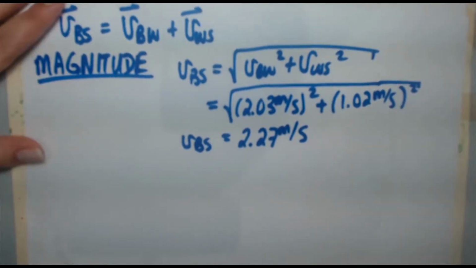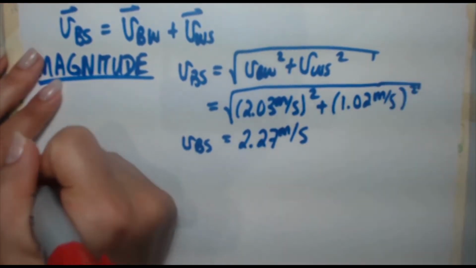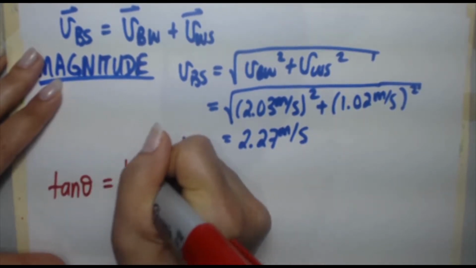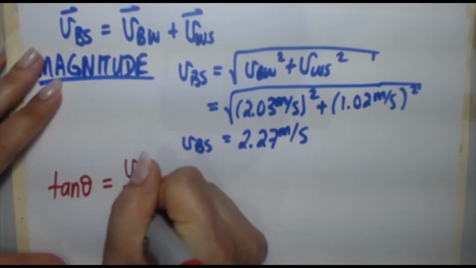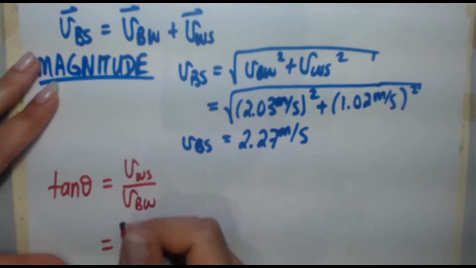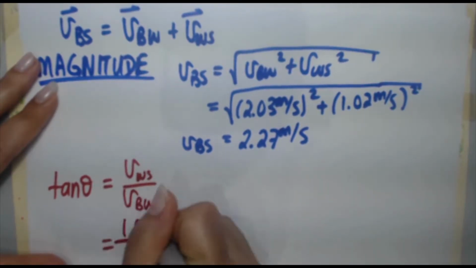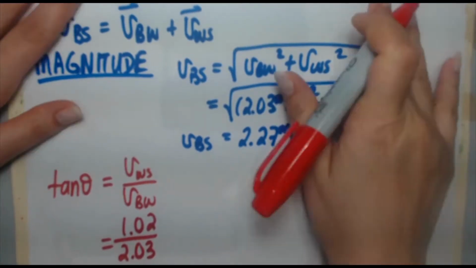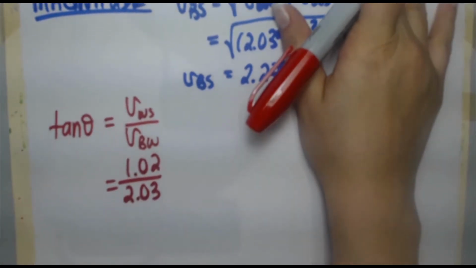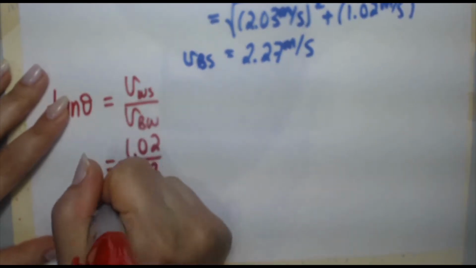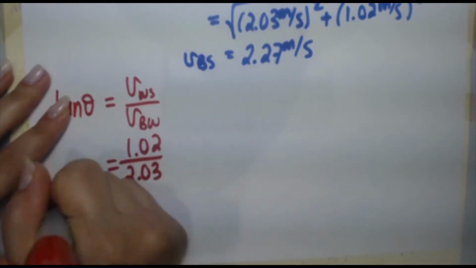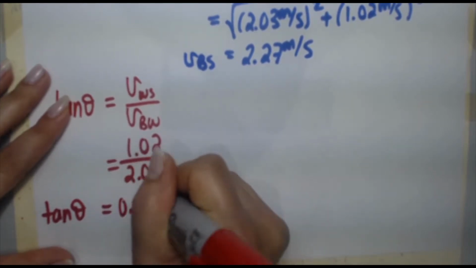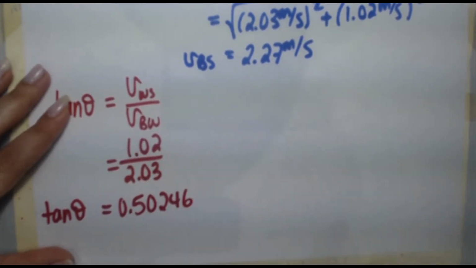Okay, so we're going to say tan theta is equal to VWS over VBW, which is equal to 1.02 over 2.03. That ratio comes out to be, so tan theta equals 0.50246.